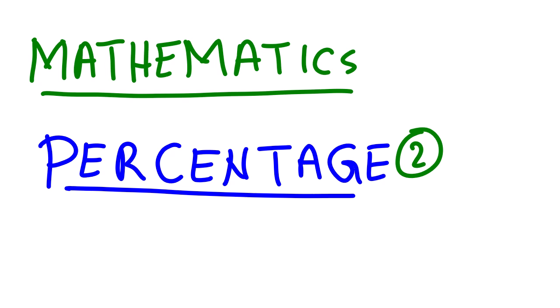Percentage is very common, used everywhere. Everybody uses percentage because it's very easy to tell the proportion of a category from the total. For example, if you have 20 candidates that sat for an exam, you can say 10% of the candidates failed the exam, while 90% passed the exam.